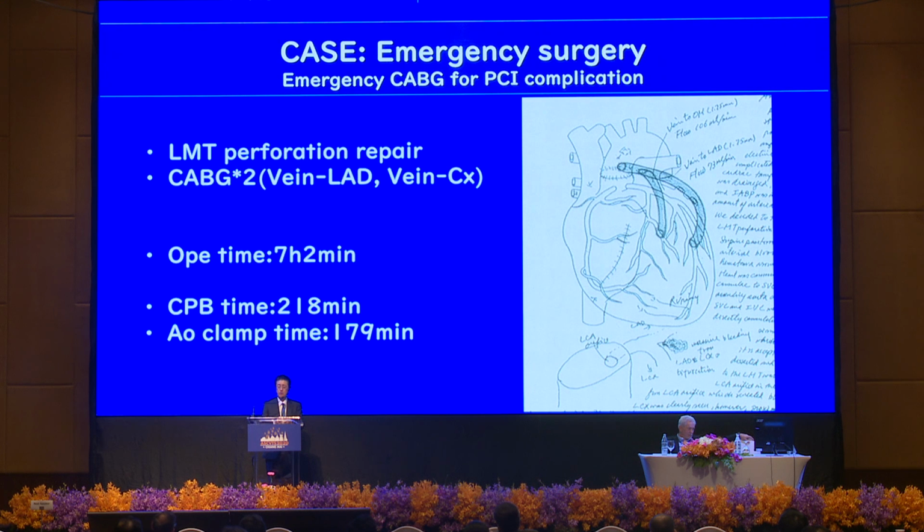There was no time to take the graft before chest opening, so we immediately opened the chest, and then simultaneously asked for vein harvesting, put the patient on bypass and cross-clamped. Then the LMT perforation was repaired. I will show you the video from now, and then the two grafts to the LAD and the OM with the vein graft.